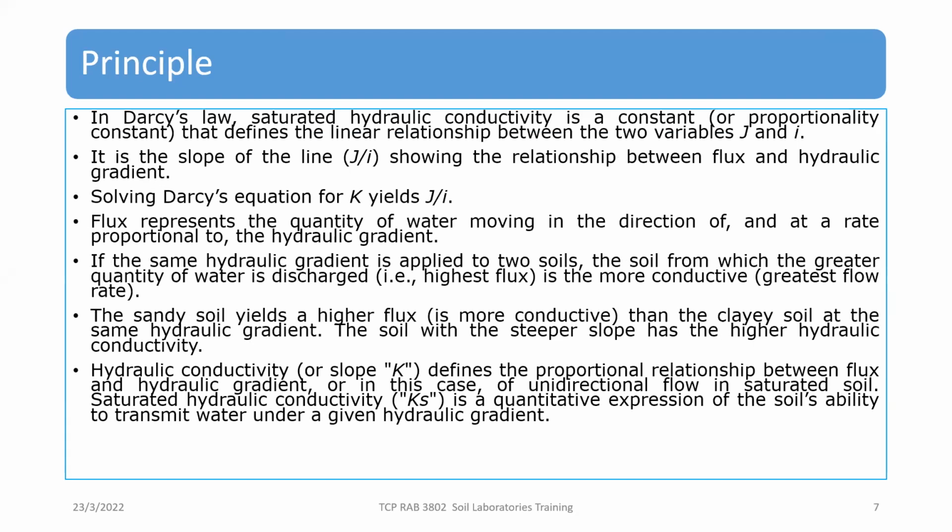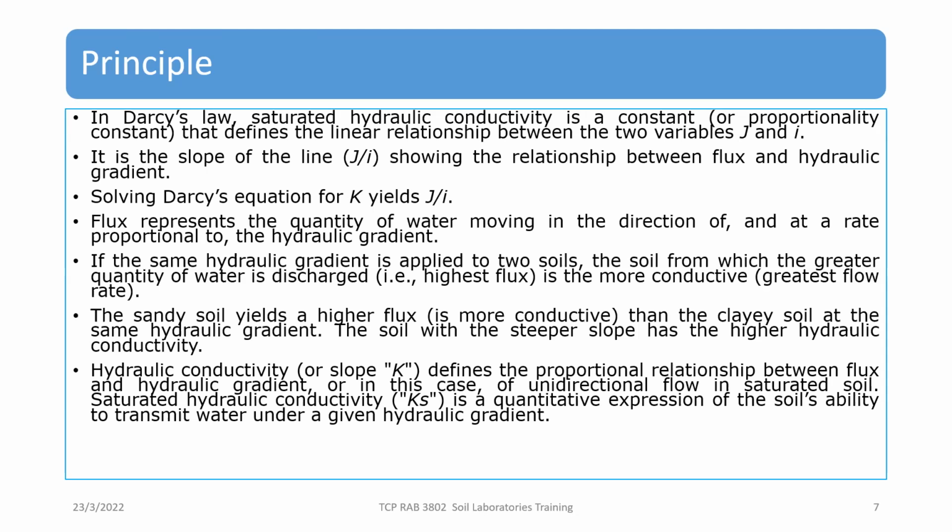In Darcy's law, saturated hydraulic conductivity is a constant. So the hydraulic conductivity of the soil is a proportionality constant, and that defines a linear relationship between the two variables, flux J and hydraulic gradient. It is the slope of the line showing the relationship between flux and hydraulic gradient.